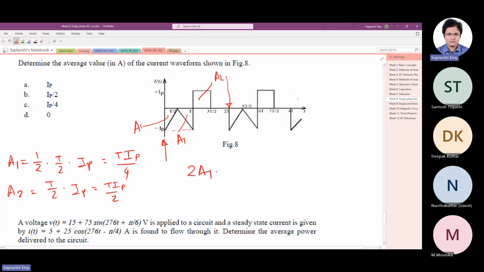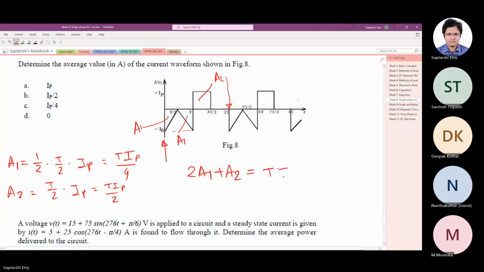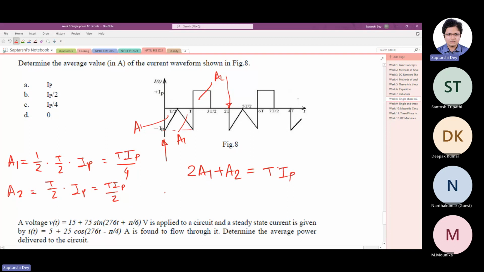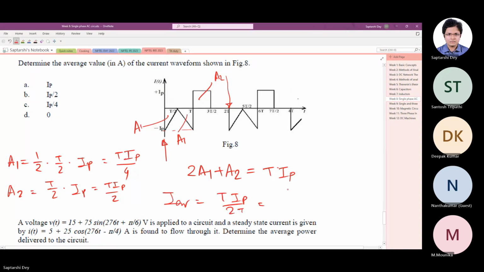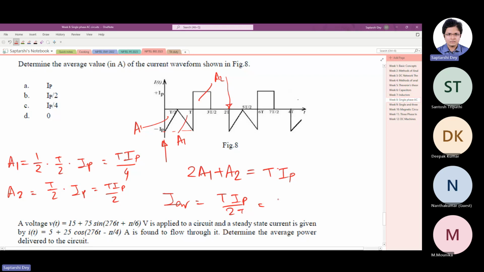So the total area is 2A1 plus A2, which is TIP by 2 plus TIP by 2, TIP. And the time period is 2T. So the average is TIP by 2T, which comes out to be IP by 2.